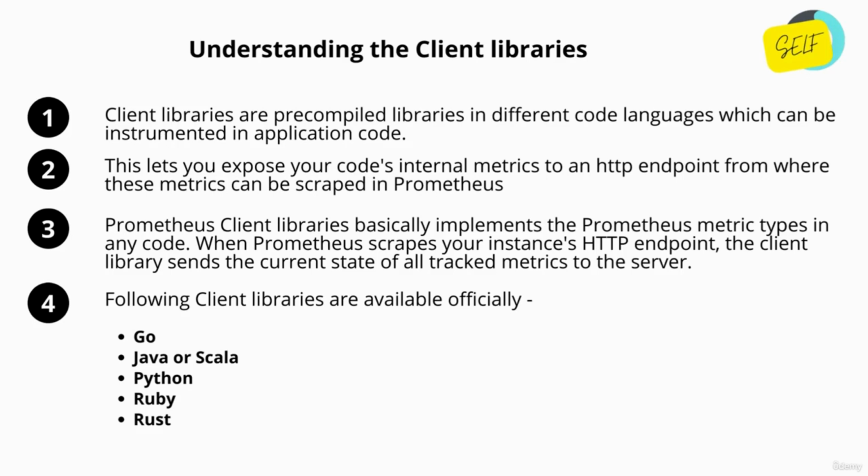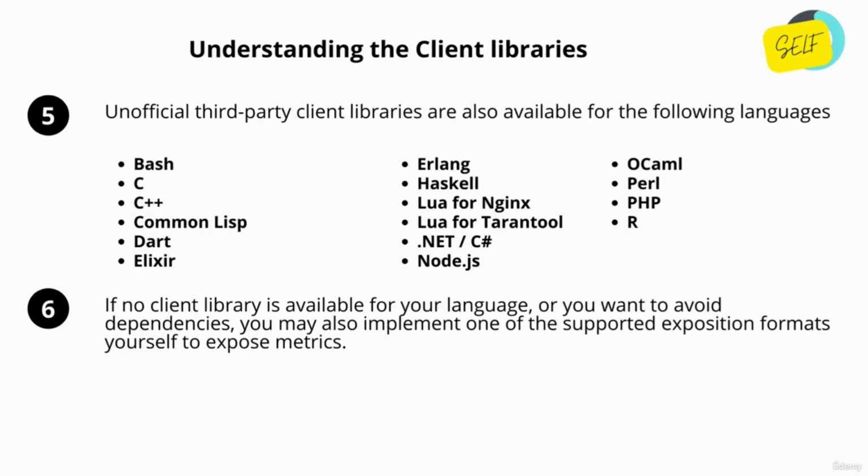Now the next thing is which client libraries are available officially. There are a few client libraries which are officially distributed by the Prometheus GitHub organization, and there are a few third party client libraries, which are unofficial, but you can use them inside your code and benefit from them.